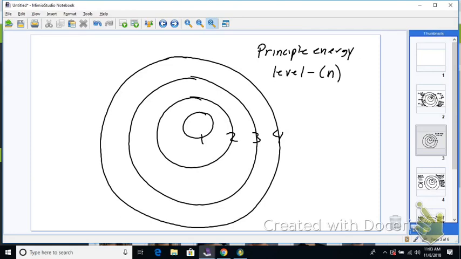They indicate the energy of the electron. Okay? So as we go to 1, to 2, to 3, to 4, and so on, the principal energy level numbers are always positive integers. So they'd be 1, 2, 3, 4, 5. And as this proceeds up from 1 to 5, the energy increases.